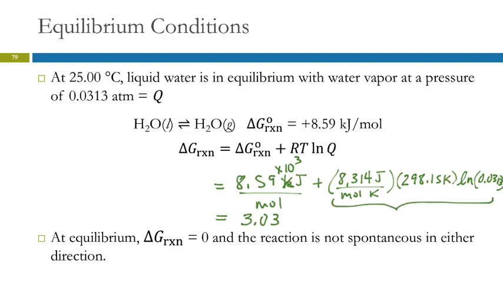Let's calculate this bit separately. 8.314 times 298.15 times natural log of 0.0313. So this is negative 8586.9 blah, blah, blah. And that would be units of joules per mole.